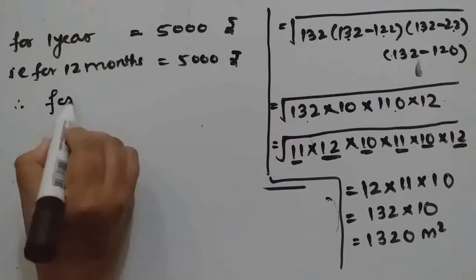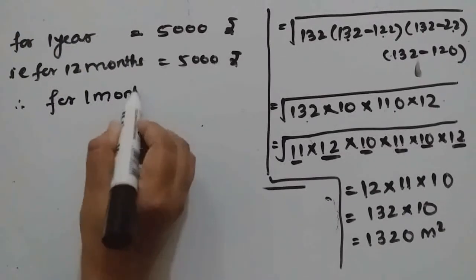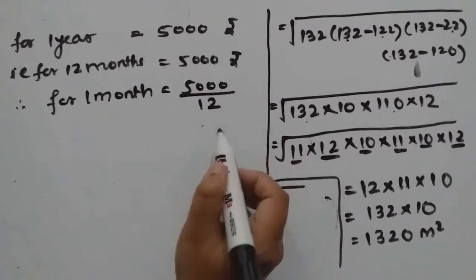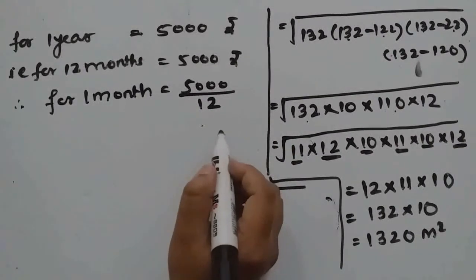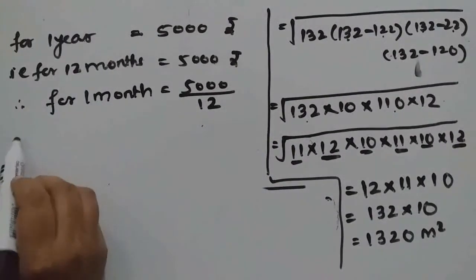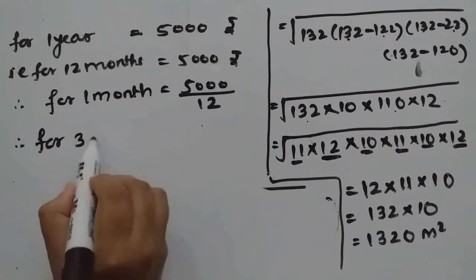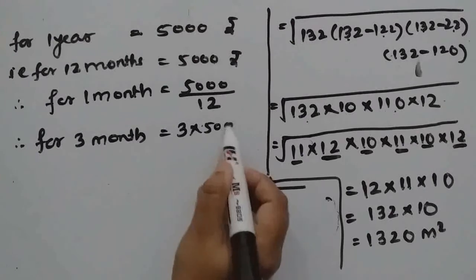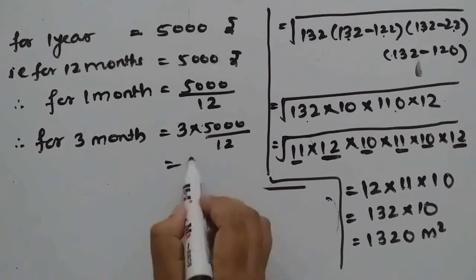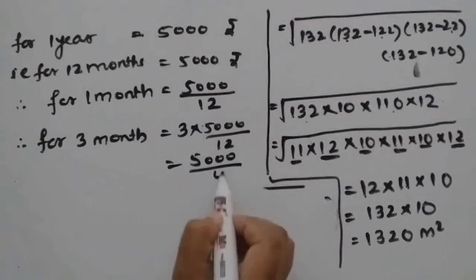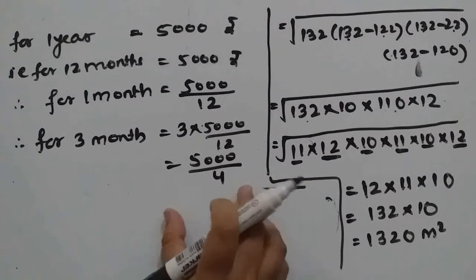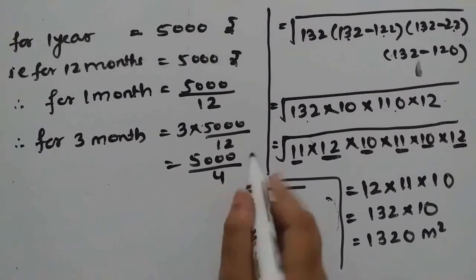Therefore for 1 month it will be 5,000 by 12, isn't it? But we should know for 3 months, so for 3 months we should multiply. So 3 into 5,000 by 12. So 5,000 divided by 4 will come. Okay. This much is the amount or rent paid by the company for 1 meter square.